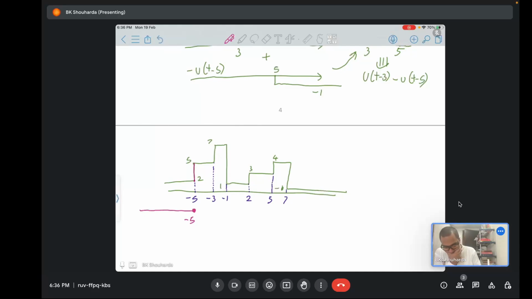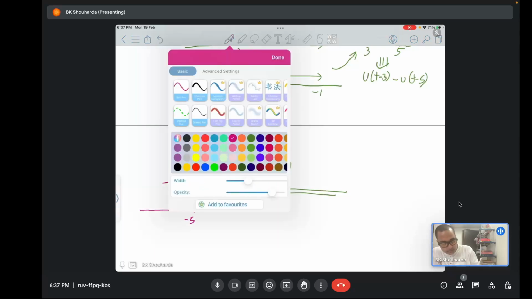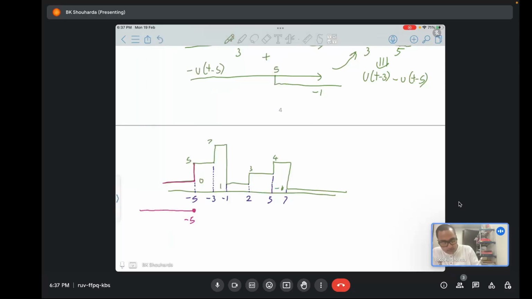So before all of it, it was only 2. We would rarely be encountering this, so let me write it 0 for the sake of completeness.